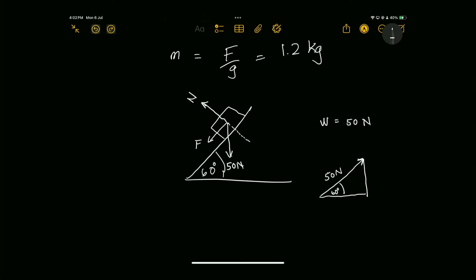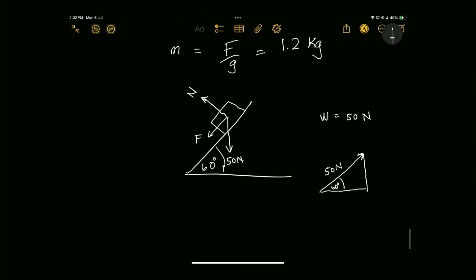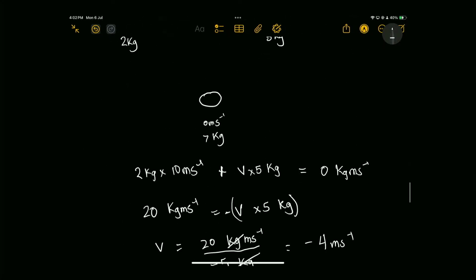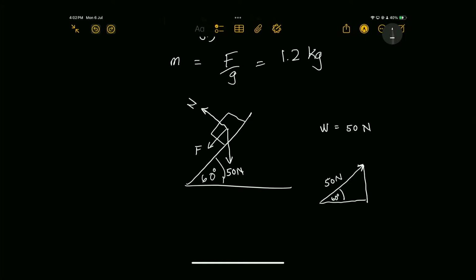Sorry, I made an omission. I omitted two forces, which were the component of the weight in this direction and the frictional force which acts in this direction.